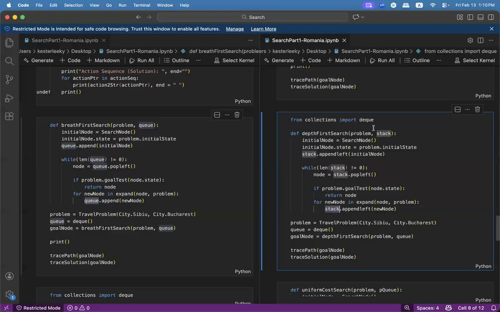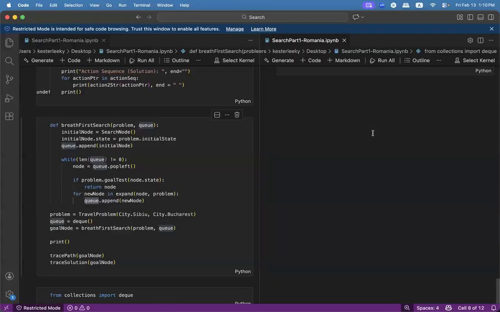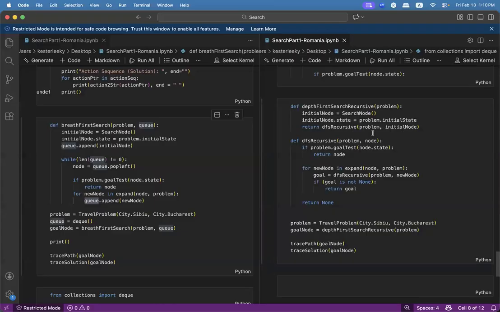So is there a chance that we can write depth search using recursion? The answer is yes. We can write depth search using recursion.